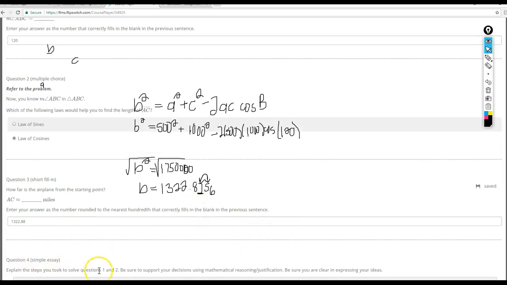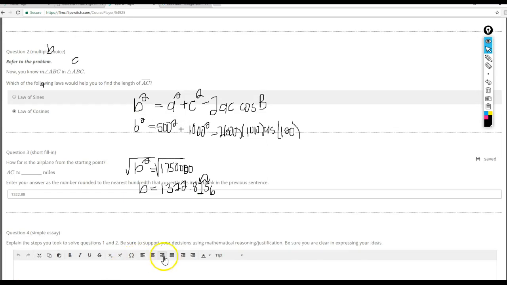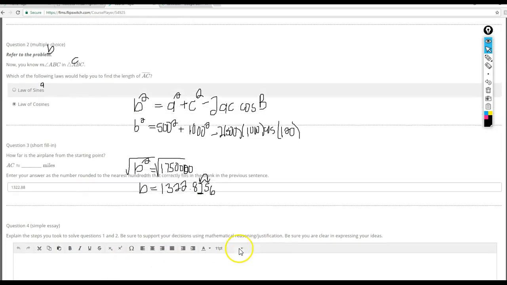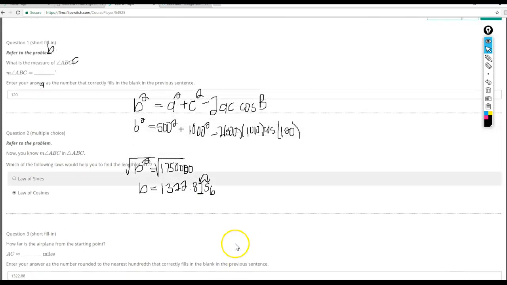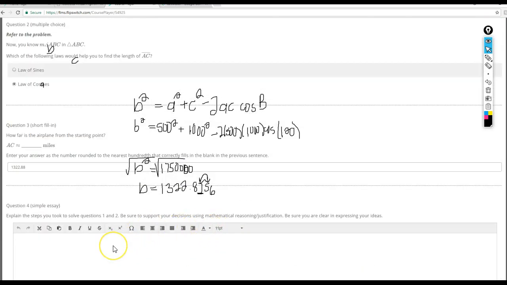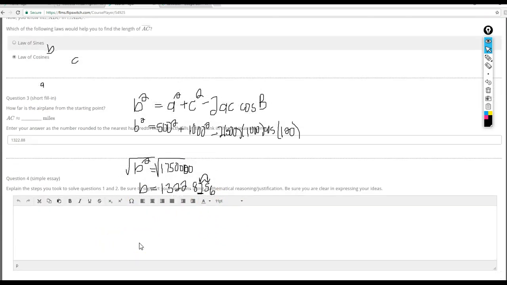Explain the steps you took to solve questions 1 and 2. Support your decisions using mathematical reasoning and justification. Alright, so step 1, we use the angle addition postulate to find the measure of angle ABC.